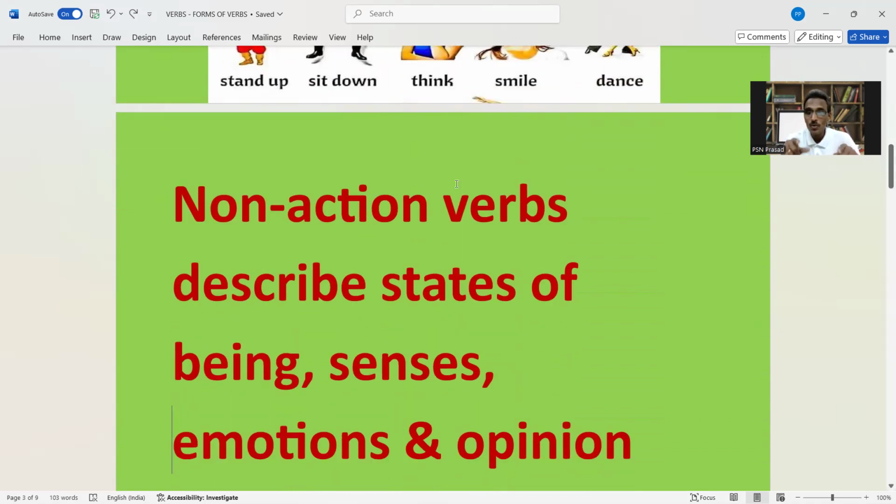And would you like to learn some more non-action verbs? Yes, come here. So non-action verbs describe states of being. Being means how you are. I'm feeling happy, right? I'm feeling sad. So happy and sad are non-action verbs. Senses, like I smell, I taste. Emotions, like showing anger.